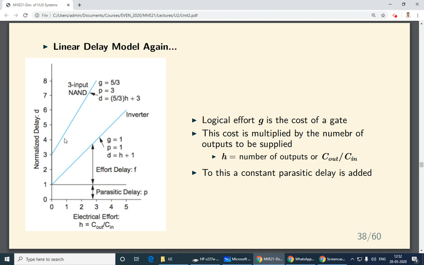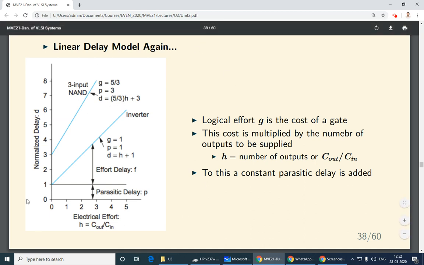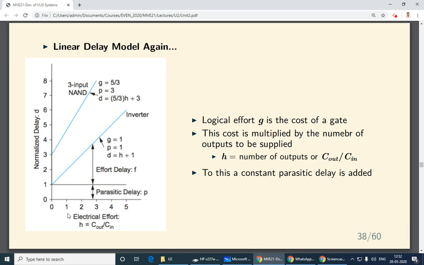So with every H equal to 1, 2, 3, the delay D increases by that much. So this is what the overall linear delay model looks like: D equal to P plus G into H, with logical effort G, parasitic effort P, and electrical effort H.